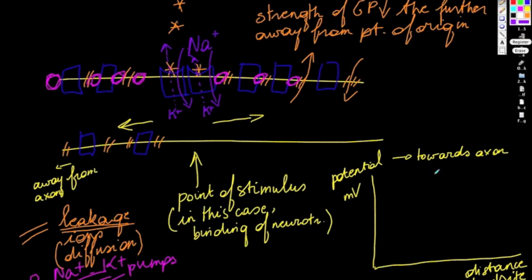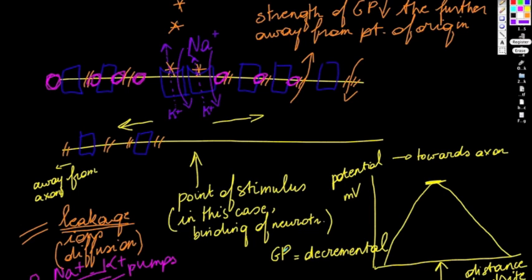Then we find that if my arrow here indicates where the origin is of the graded potential, we would therefore have the highest point of our graded potential, and as we move away from that point of stimulus, we should see that the strength of the graded potential diminishes, like so. And so therefore we say that graded potentials are decremental, meaning that they lose strength with distance.